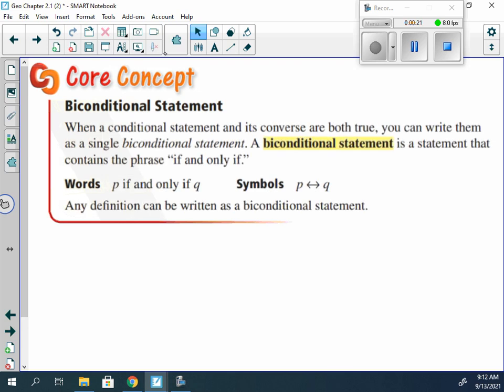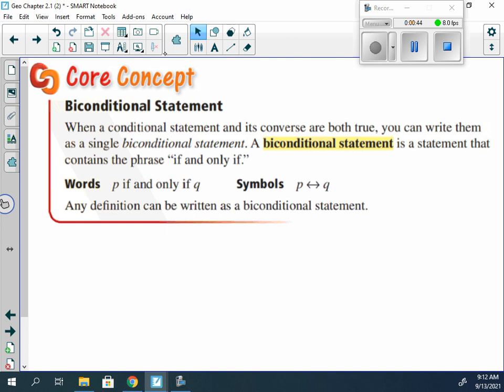Now, when a conditional statement and its converse are both true, you can write them as a single biconditional statement. A biconditional statement is a statement that contains the phrase if and only if.